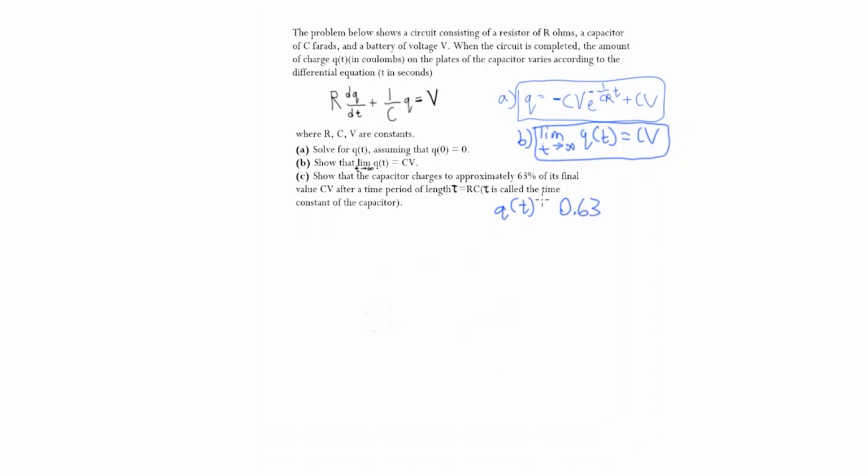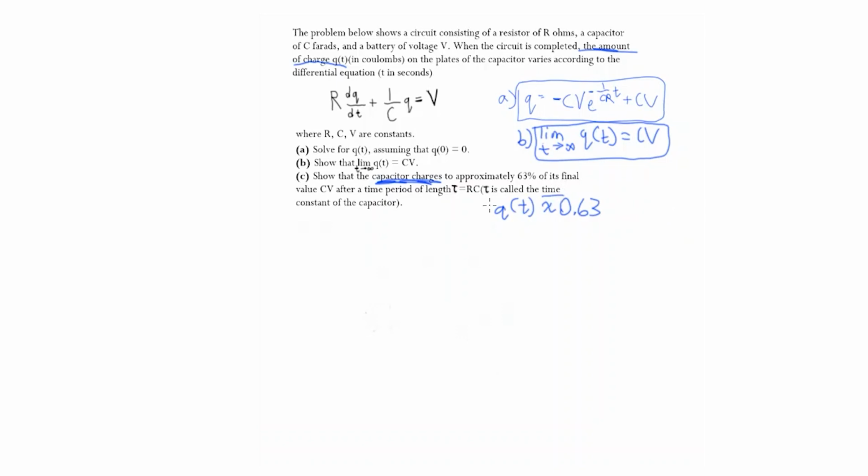Let me replace that with an approximate sign. Because the capacitor charge is Q of t over here, the amount of charge, and 63%, well, that's just a decimal representing 0.63. And tau is equal to RC.